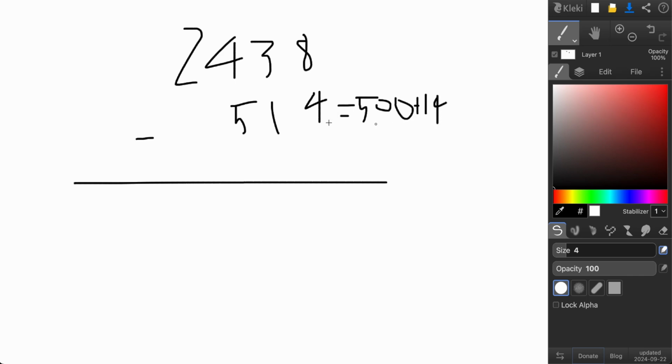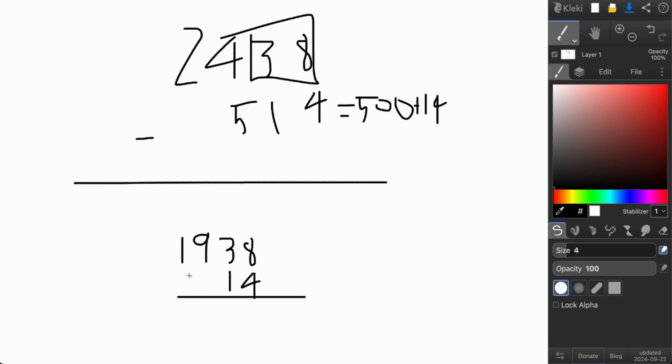So what you can do is you can first subtract 500, and that's pretty easy since you don't have to worry about the 38. And you just subtract 500 from this, which is 1938, and then all you have to do is subtract another 14. And now this should be a lot easier.